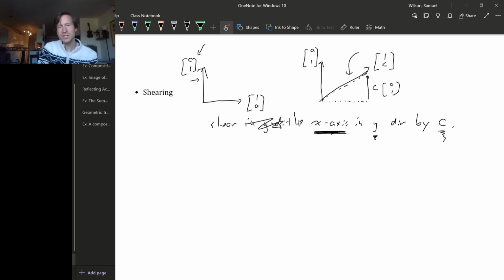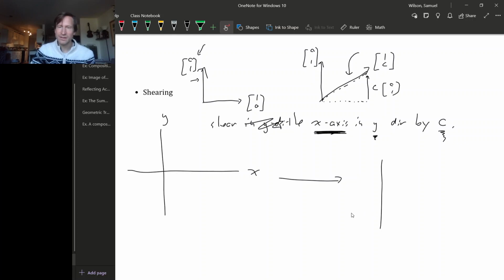Okay. Now the geometric effect here, if we draw the full coordinate system with the x-axis and the y-axis, the geometric effect of this linear transformation is sort of to scissor the coordinate axes together. It tips the x-axis towards the y-axis by an amount that depends on the value of c. So if we go over 1, then it tips it up c, like this.